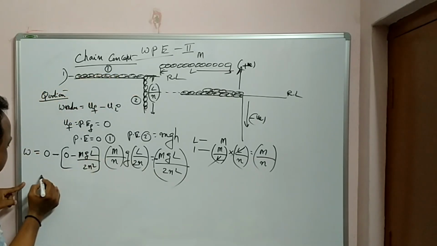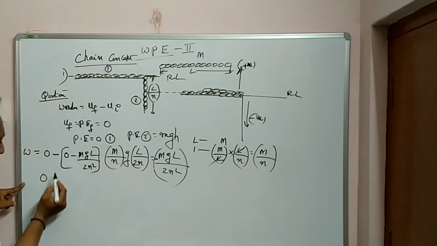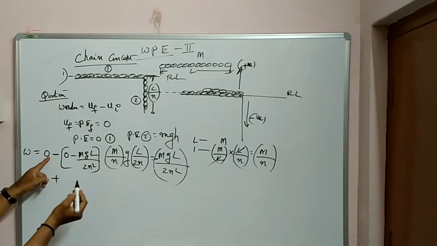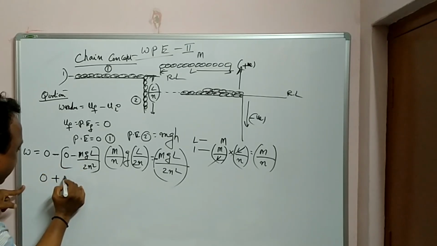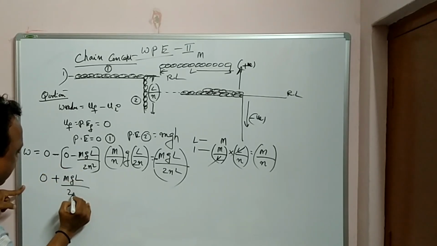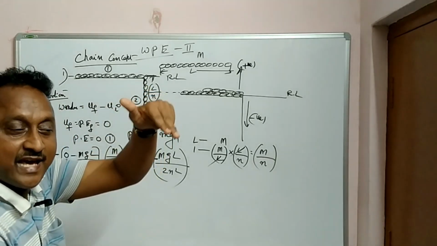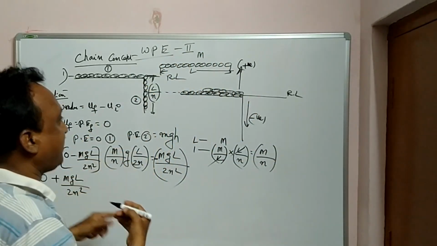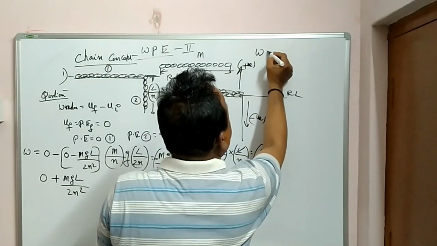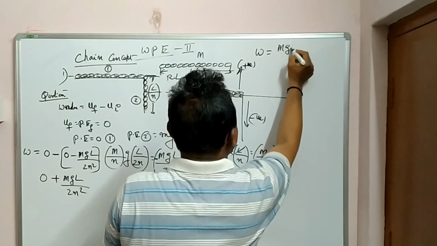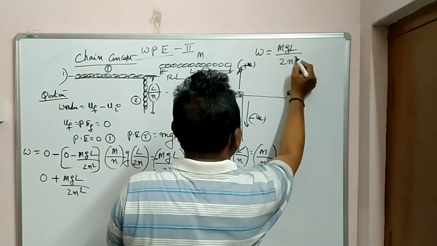So finally how much will you get? 0 minus into minus is plus. So finally work done in lifting the hanging part onto the table is given by, what is the formula? Work done is given by mgL by 2n square.